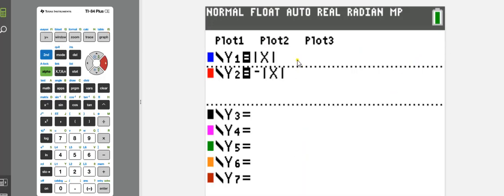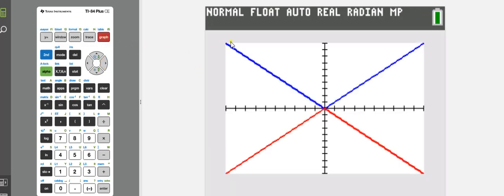Let's graph it. Again, here's absolute value of x, and negative absolute value of x is a reflection with respect to the x-axis. So basically it's flipped over with respect to the x-axis.